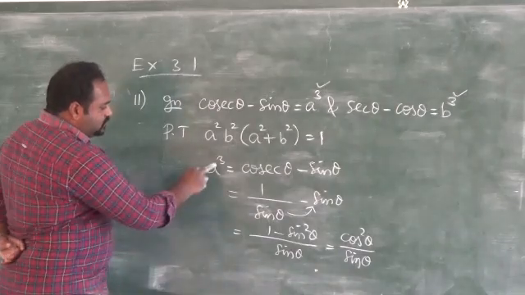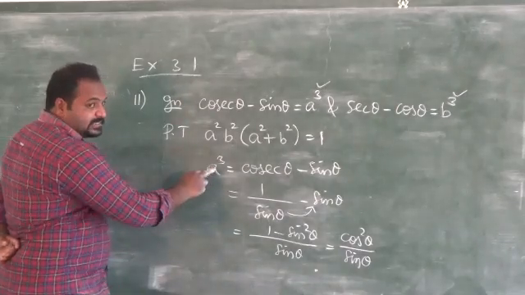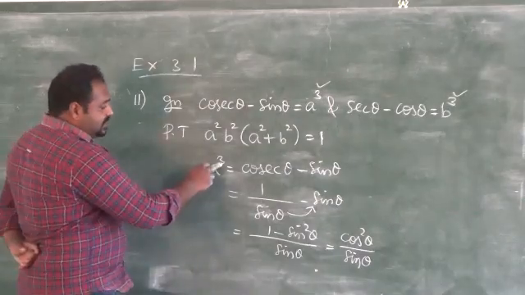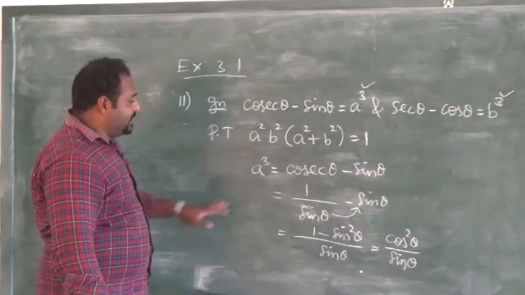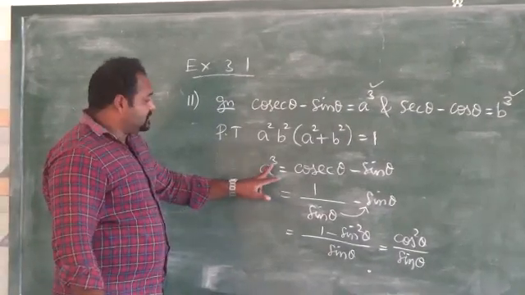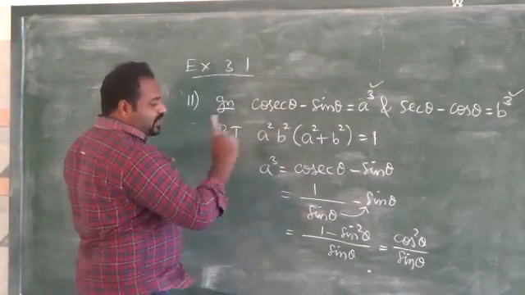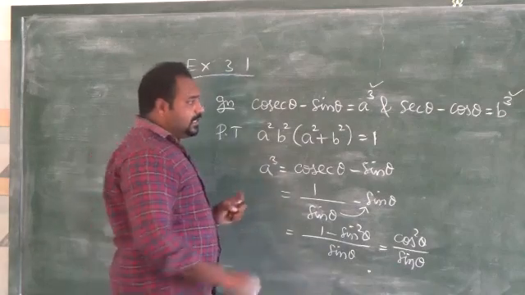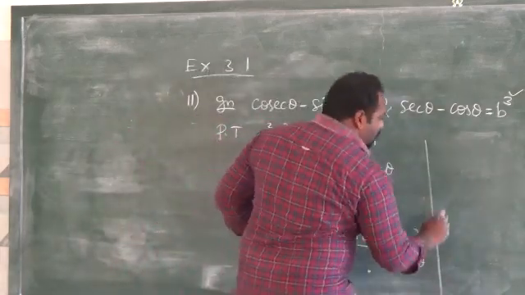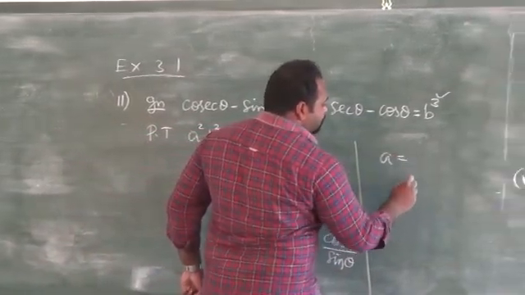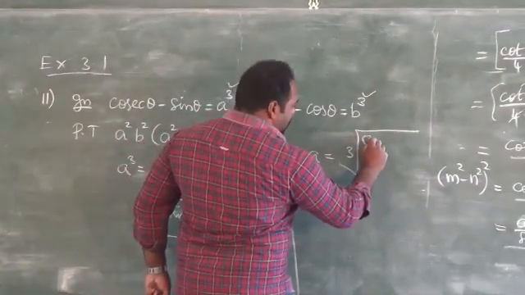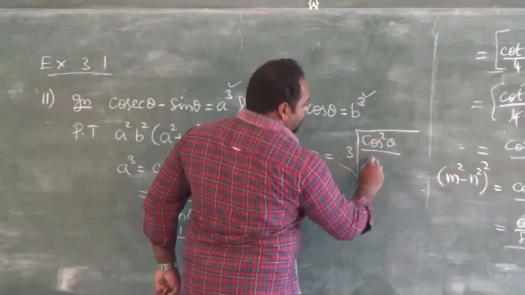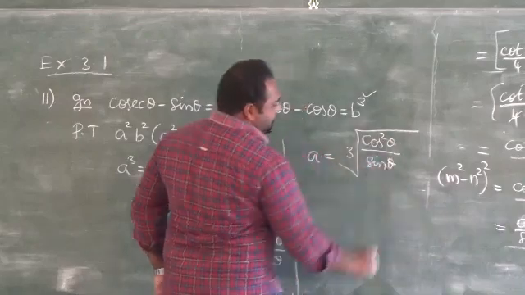Next, I want to remove this power 3. The power 3 has to go to the other side, because I need only a. If you take it to the other side, it will be the cube root of the other side. So a equal to cube root of cos square theta by sin theta.